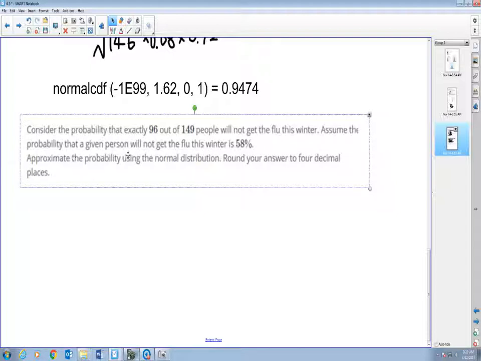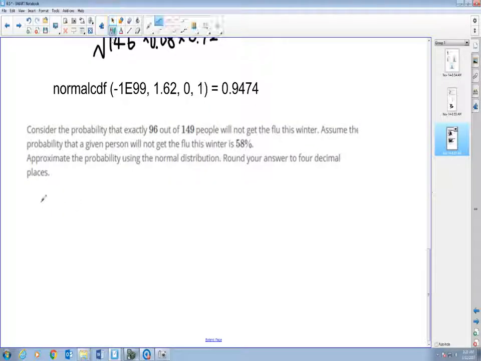Assume the probability that a given person would not get the flu is 58%. Alright, so exact 96, that means I have to use 95.5 and I have to use 96.5.